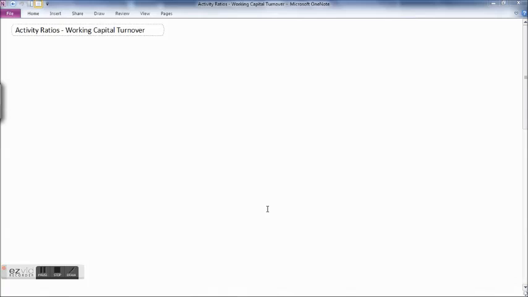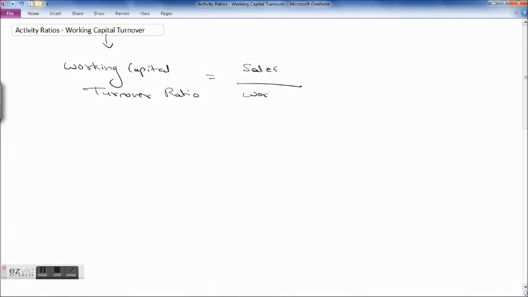So working capital turnover ratio. What is the formula for working capital turnover ratio? Working capital turnover ratio is equal to sales upon working capital.